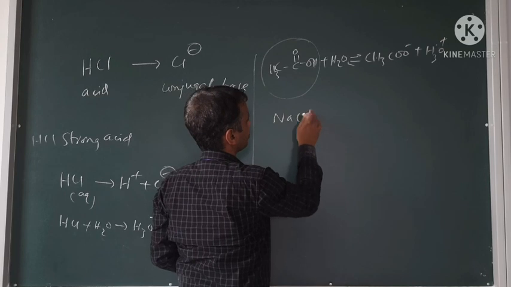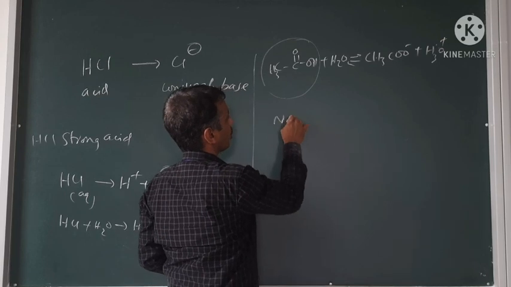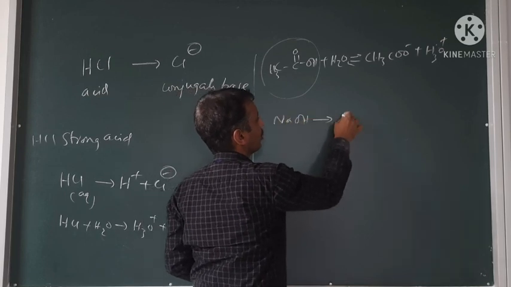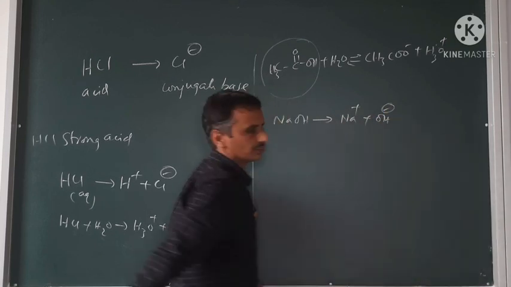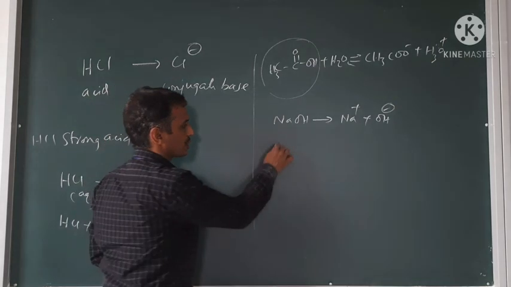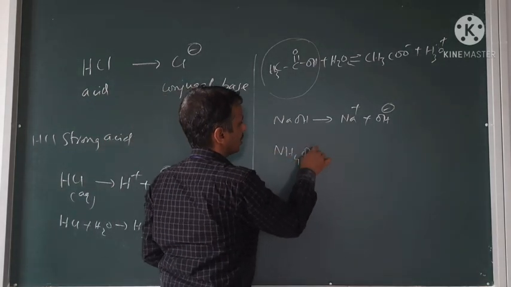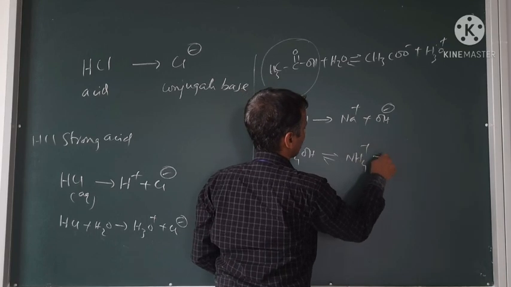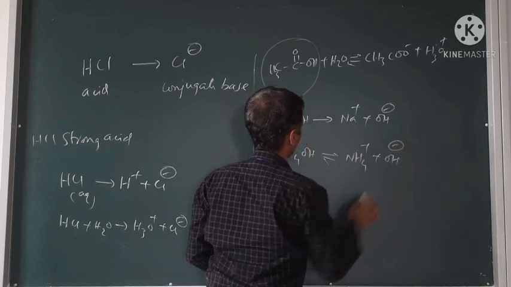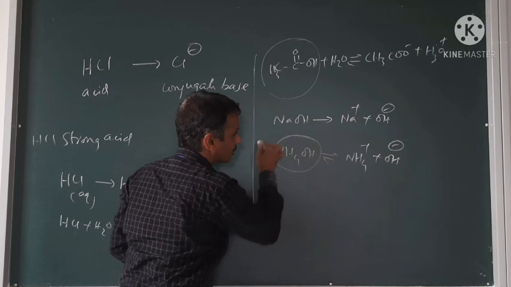Sodium chloride, sodium hydroxide, when dissolved in water, completely ionize to give Na plus and OH minus. Whereas ammonium hydroxide gives only partially NH4 plus and OH minus. The majority remains like this only.